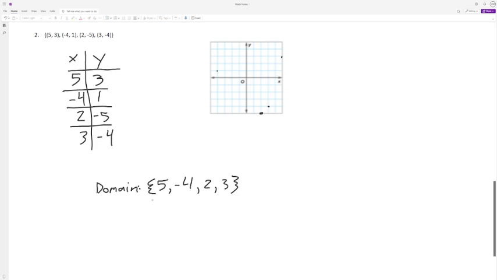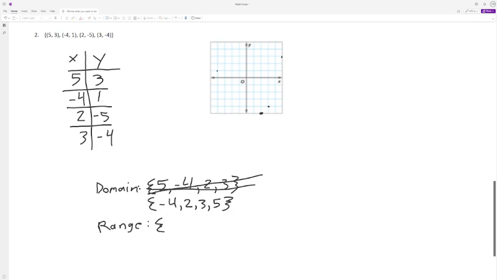But if we want to write this in increasing order, we'd start with the negative number, -4. The next is 2, then 3, then 5. Let's do the same with the range. Remember, the range is the Y values.